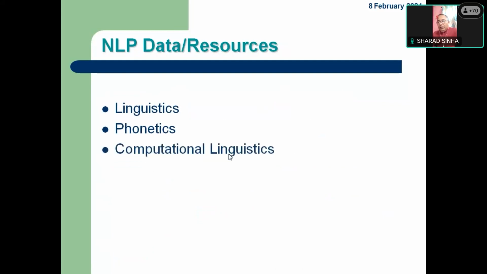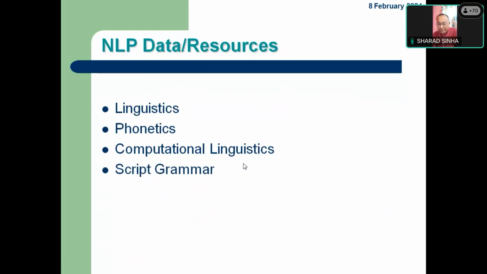Then there is a marriage between computer science and linguistics, what we call computational linguistics. Now it has become a separate area of study. Linguistics itself is a very complex science, but then we add the essence of computer science into linguistics, and that forms the computational linguistics area. Some of you may have already been into it.